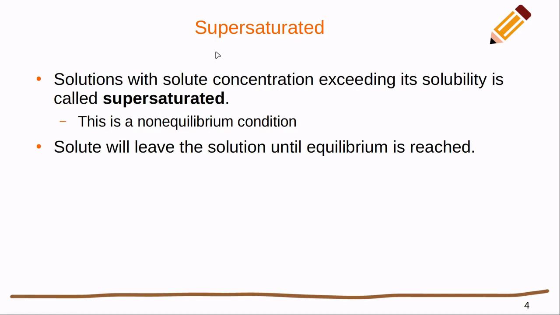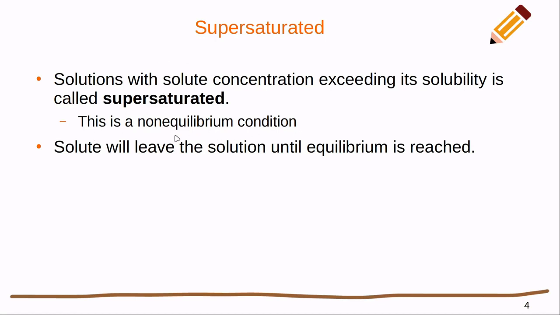It is possible to have what we call a supersaturated solution, right? This is solutions with solute concentrations exceeding their solubility. So just like we can have unsaturated solutions where we're able to add more solute into the solution, we can have a condition where we have too much solute in solution.